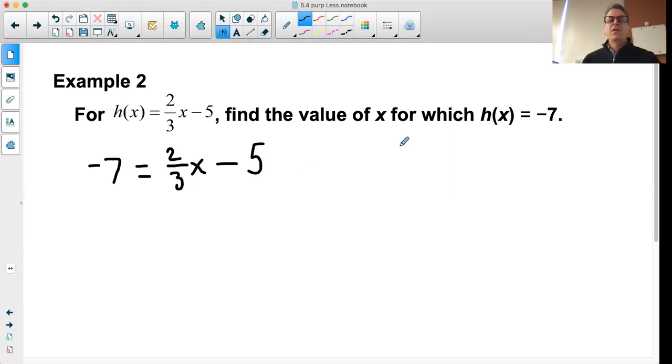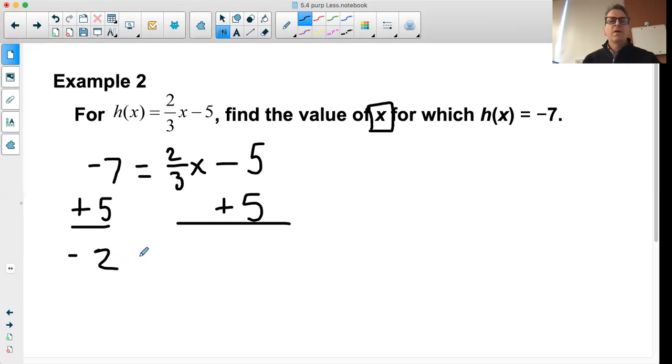Okay, now we're looking for the value of x that makes that true. So this is just a matter of solving for x. Add 5 to both sides to isolate that variable. -7 plus 5 is -2, and that's equal to 2/3 times x.